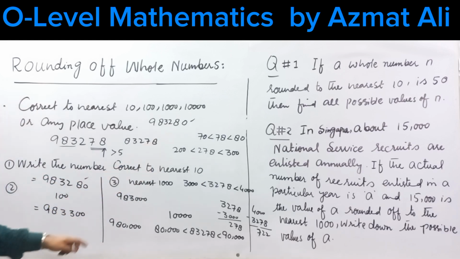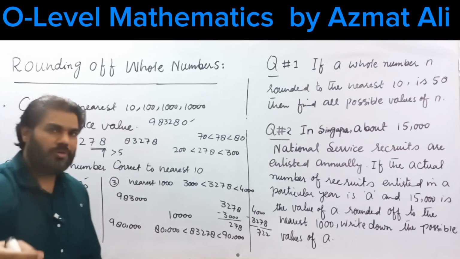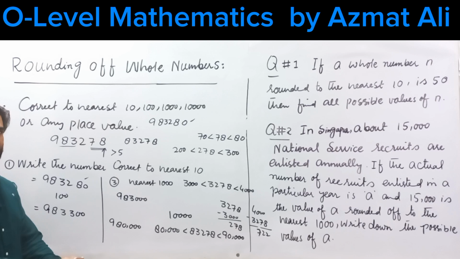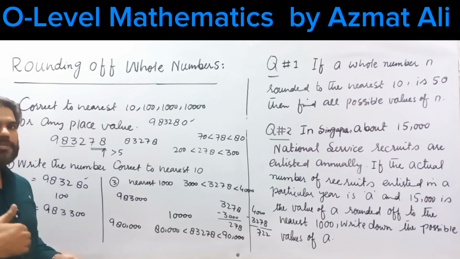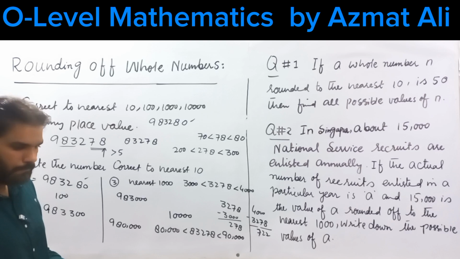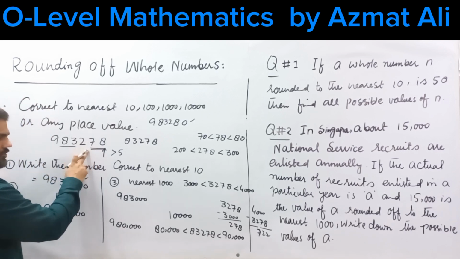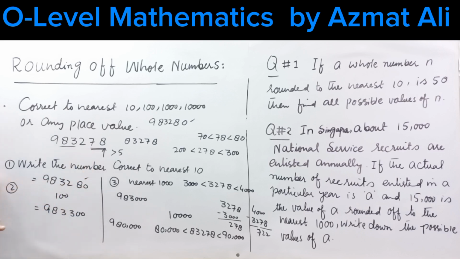Next, suppose I want to write the number correct to the nearest 100. When we have to write the number correct to the nearest 100, we will see the 10th position. The digit at the 10th position is 7, which is again bigger than 5.